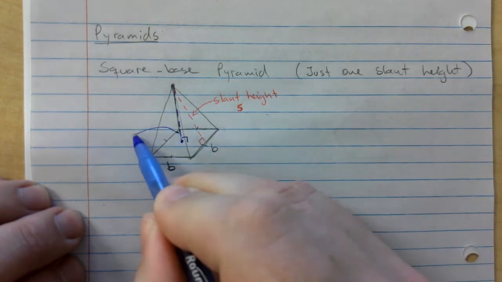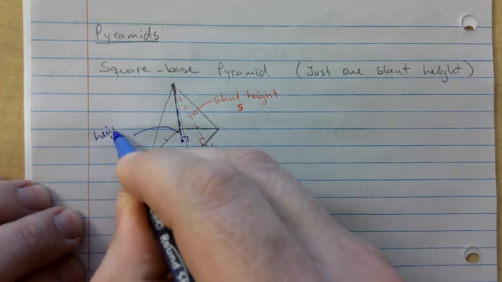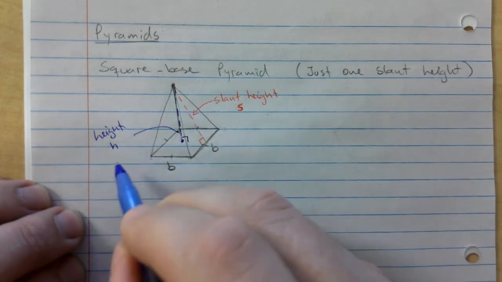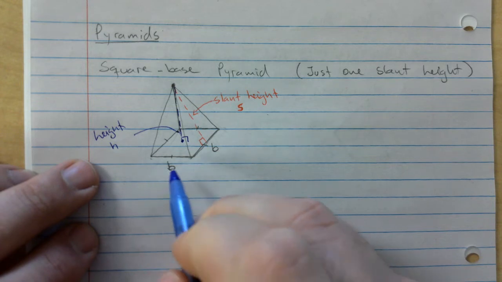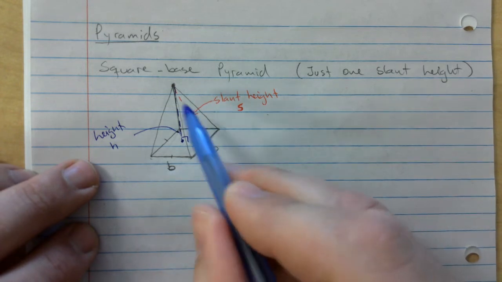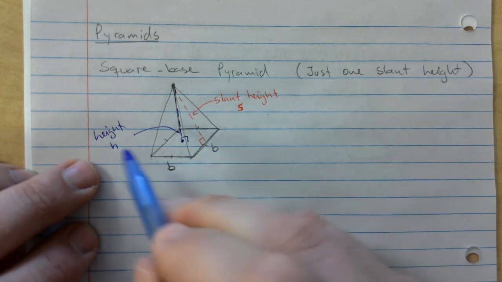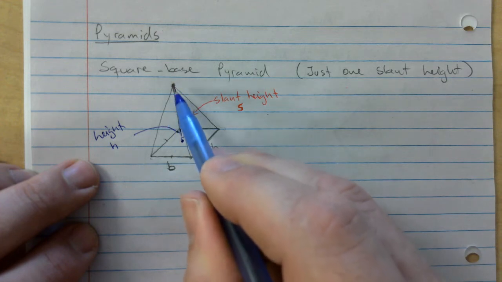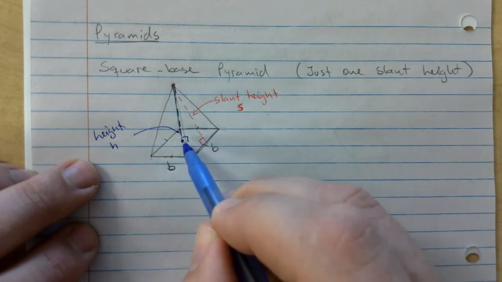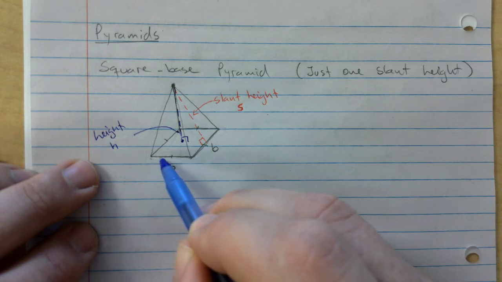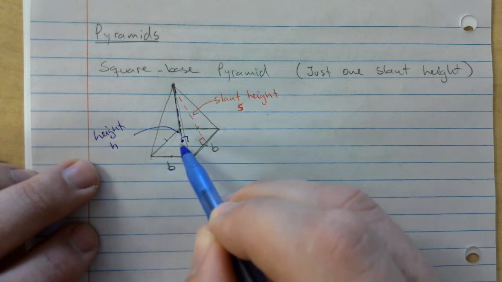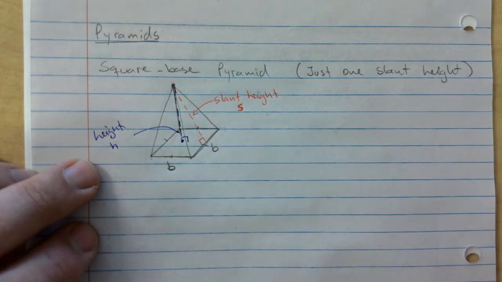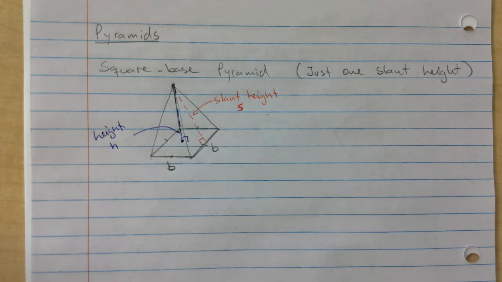And this is the height, H. So there's a slant that goes along the face, and there's the actual height that goes from the top to the center of the base. So it'd be halfway this way and then halfway in. So it's essentially right in the middle, and it makes a 90 with the ground.